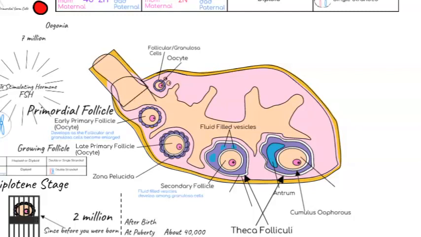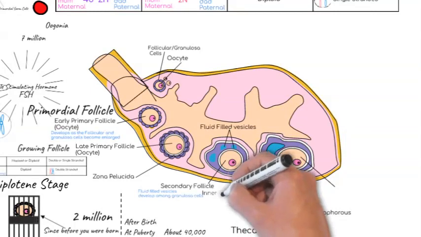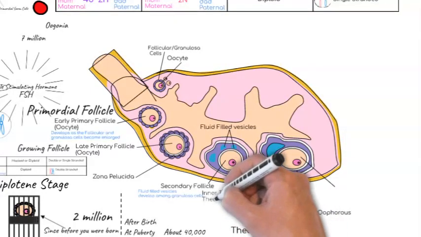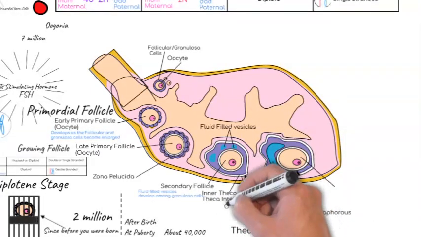Around this time, out of the 5 to 15 primordial follicles that you started with, only one is left, and the rest degenerate. The theca folliculi layer has two sides. It has an external layer and an internal layer.